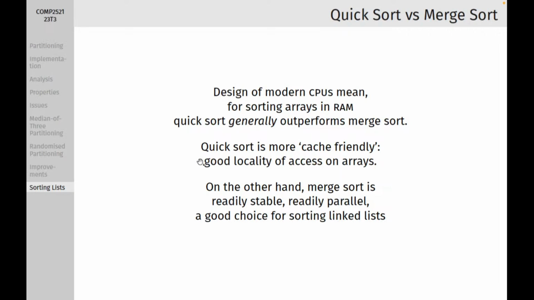And the reason is that quicksort is more cache friendly. Cache, not money, but it's spelled C-A-C-H-E. Sometimes it's pronounced differently, I'm not sure which one is right. But basically, accessing RAM is relatively slow in a computer.